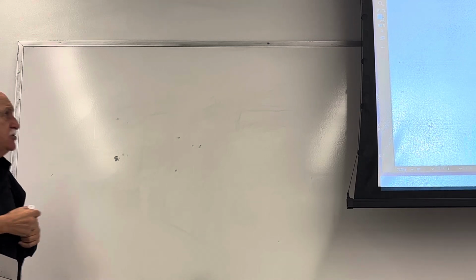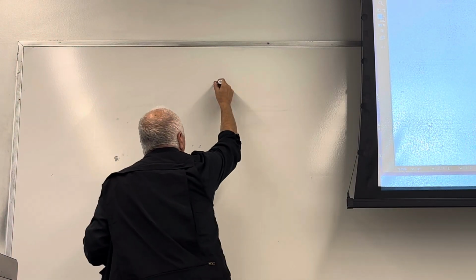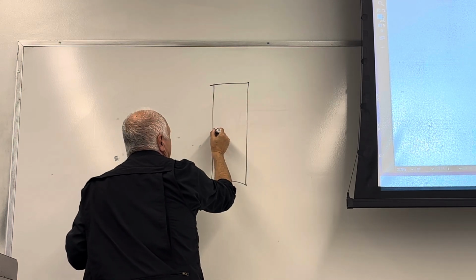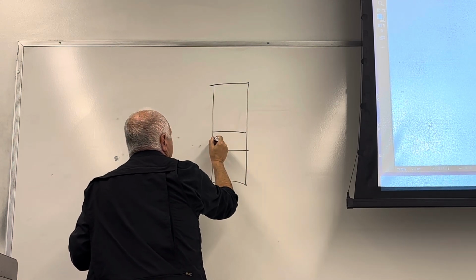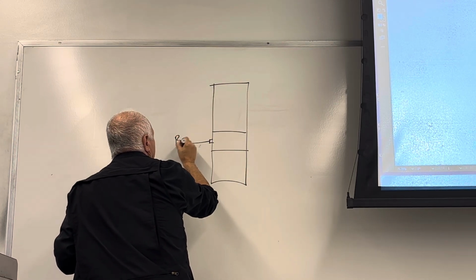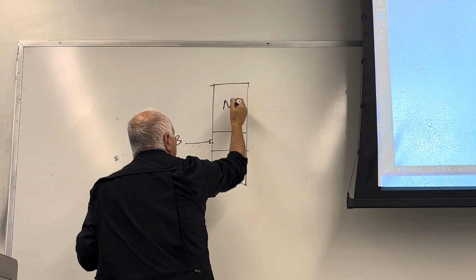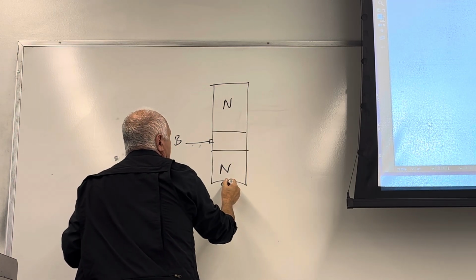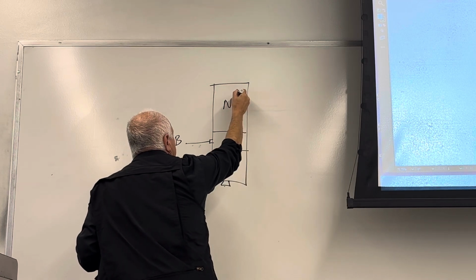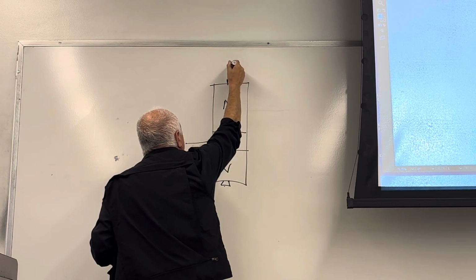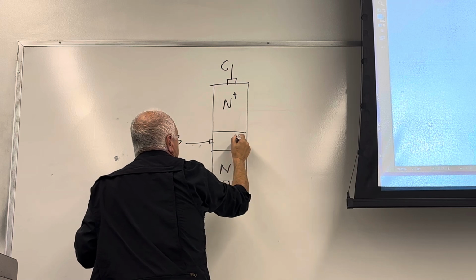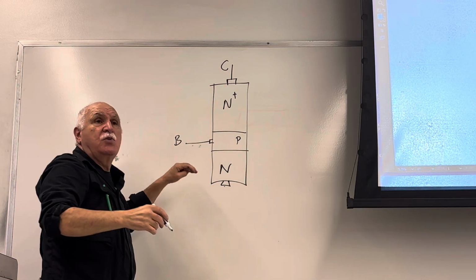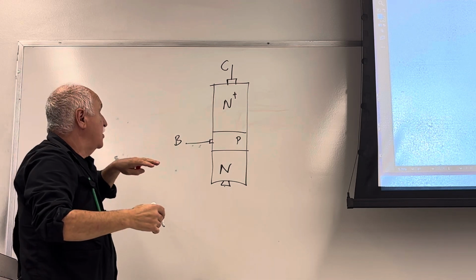Here is the transistor. The transistor has 3 layers. It has a P layer, known as the base, N, actually this is the N, this is N plus, which makes the collector. This is the p-type. Now why n plus? We suddenly changed because that's the way these things are designed.